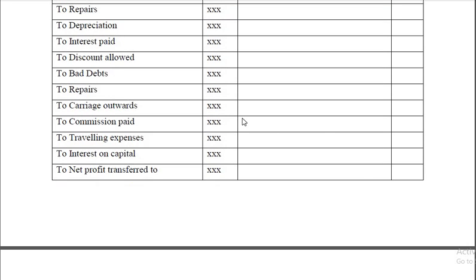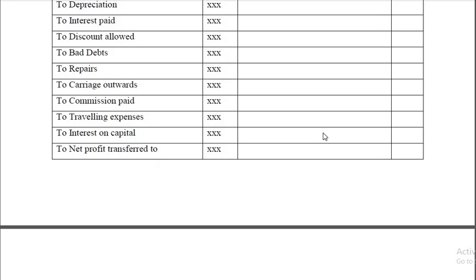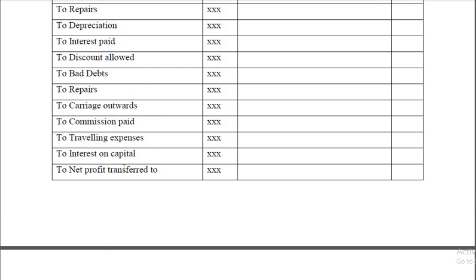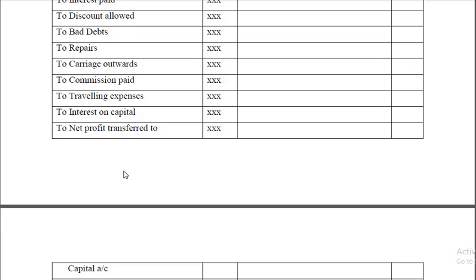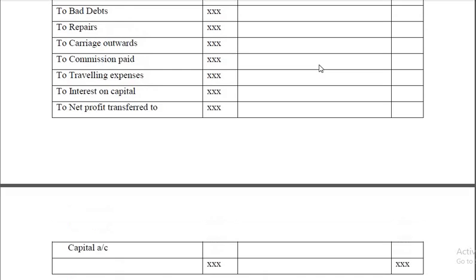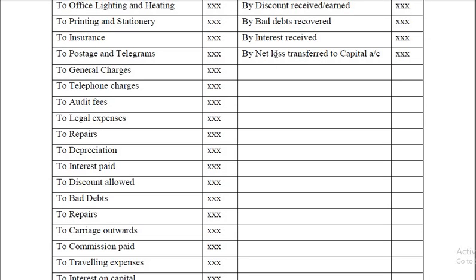Ultimately, you have to find out the difference between the two sides. If the credit side is more than debit side, it is nothing but net profit, but it is transferred to capital. Actually, you can write to capital within bracket net profit. If debit side is more than credit side, the balancing figure is net loss and it is transferred to capital.